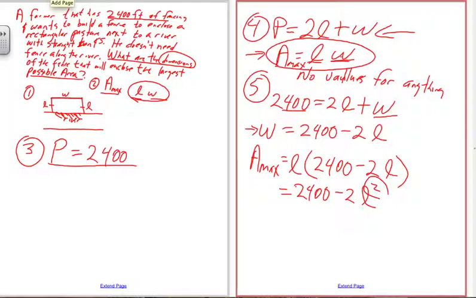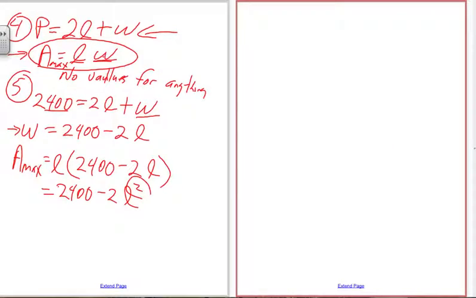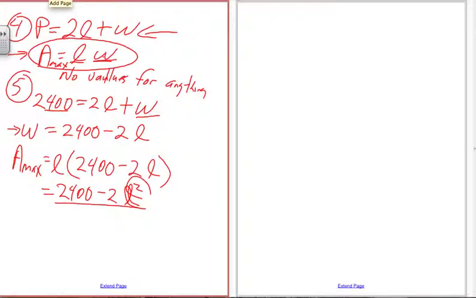So in order to do that, we need to find the vertex of this parabola. Okay, well that's not so bad. But in order to do that, we need to get this into vertex form, and in order to do that, we're going to have to complete the square.